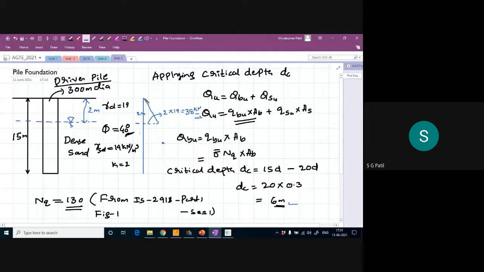From here to here it is 6, but from here to here it is how much? 4 meter. So here, 2 into 19 plus 4 into 19.